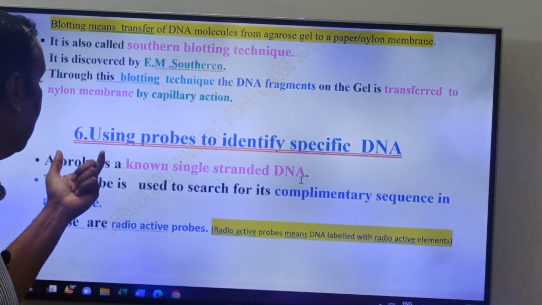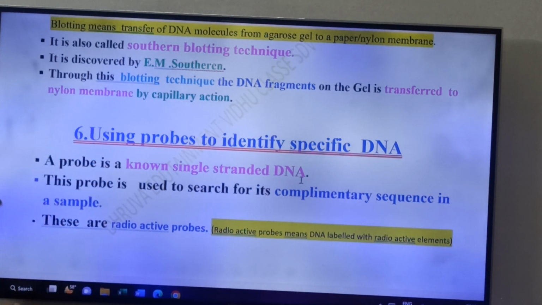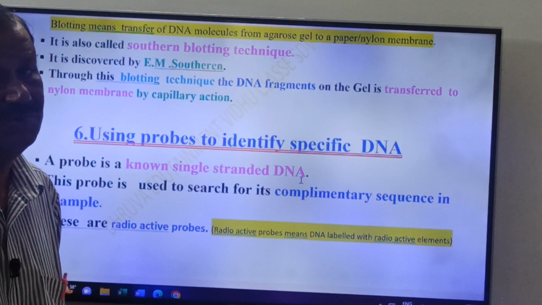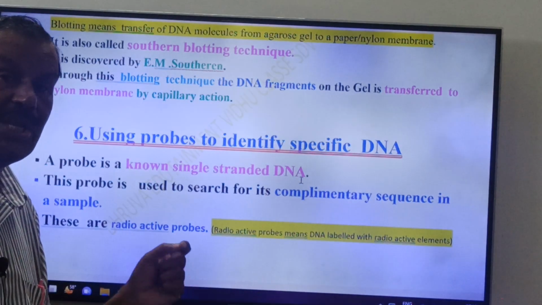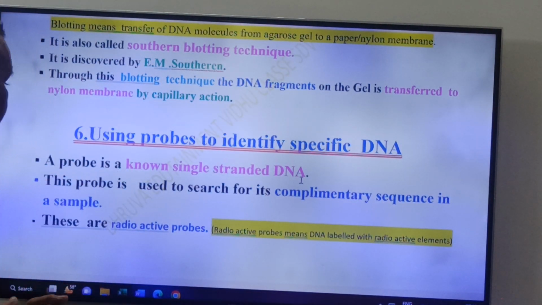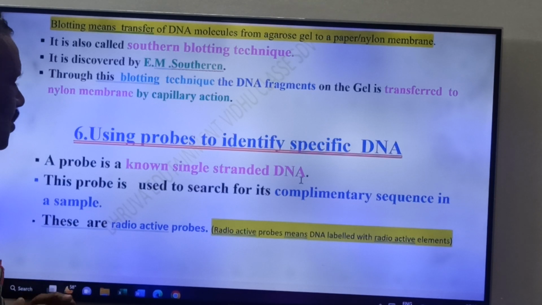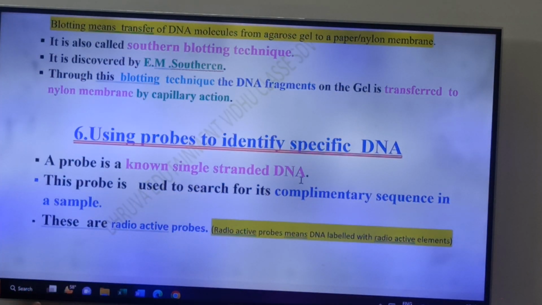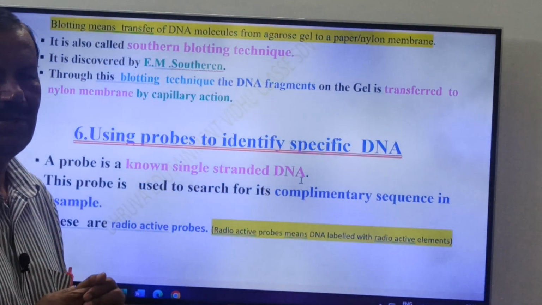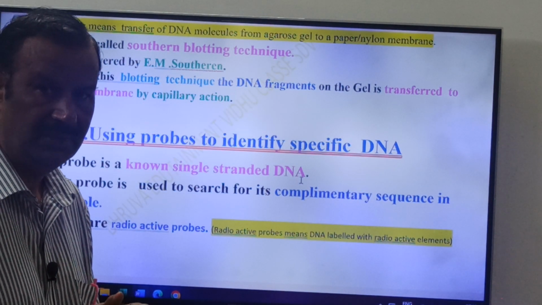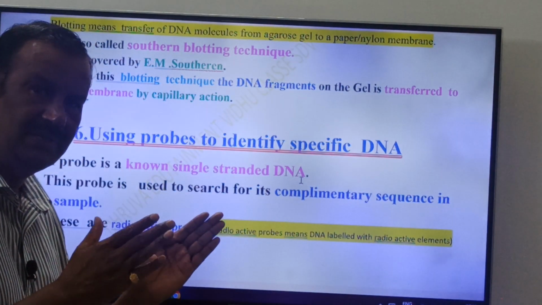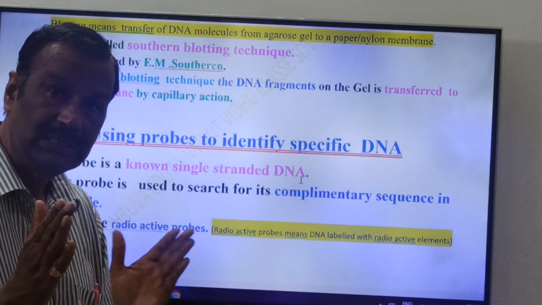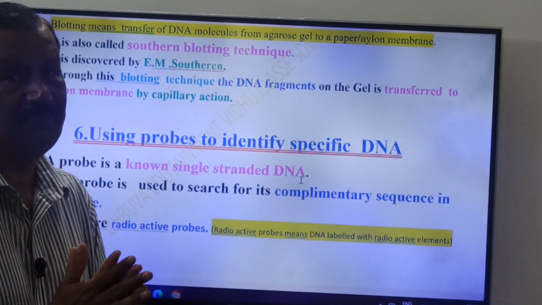So what is a probe? A probe is a known single stranded DNA, friends. It is only single stranded. It has no double strand. This probe is used to search for its complementary sequence in a sample. We have nitrogen bases, and these nitrogen bases form base pairs.